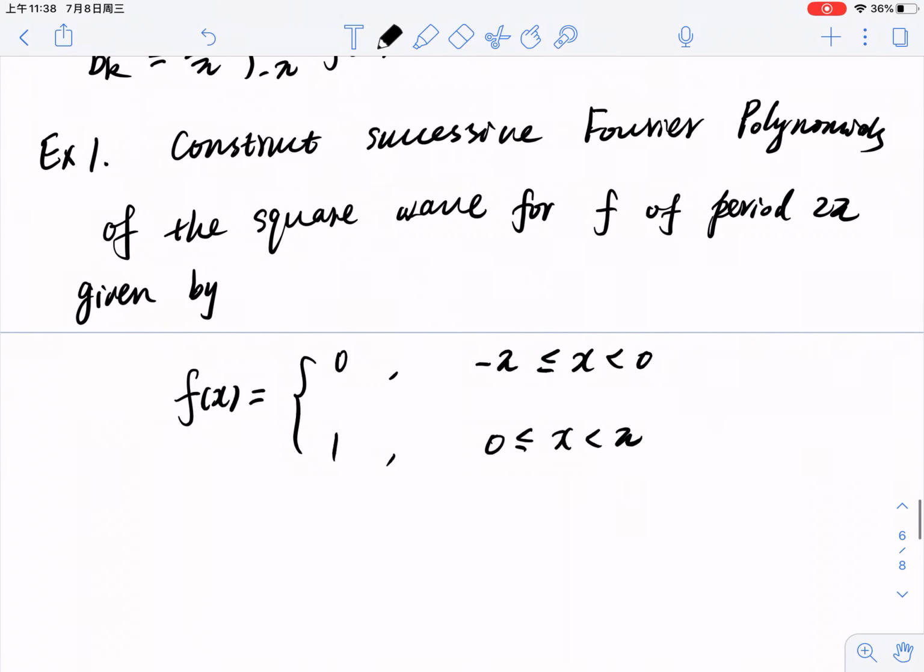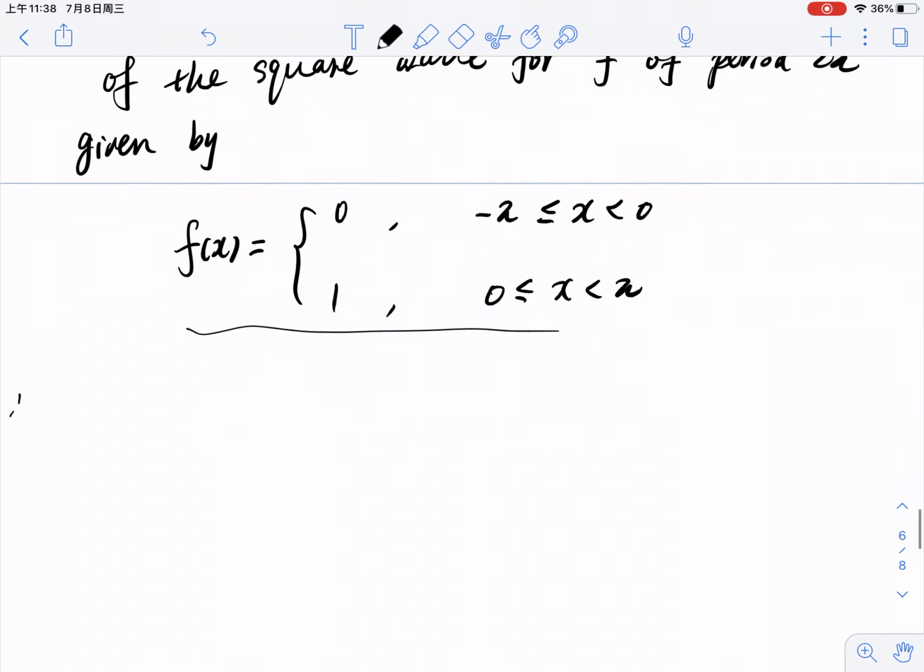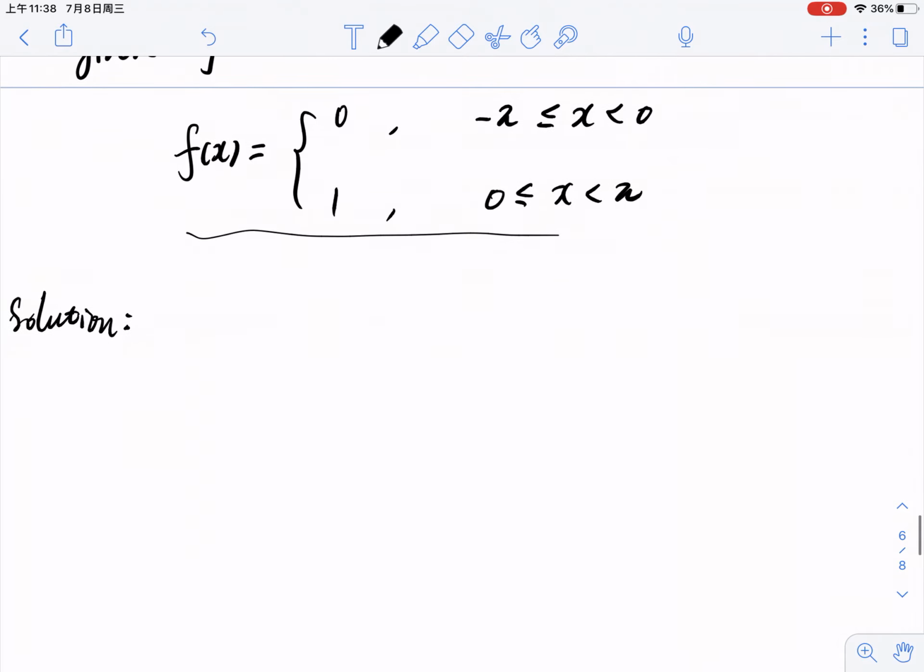In this example, construct successive Fourier polynomials of the square wave for period 2 pi given by this function f(x). It's a piecewise defined function. So we first graph the function f(x).